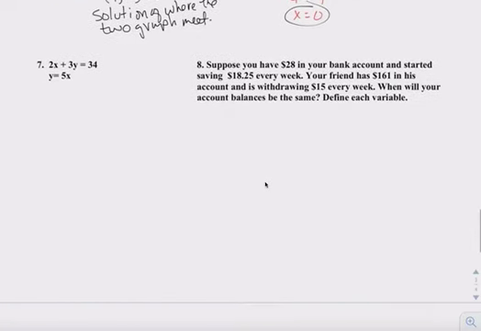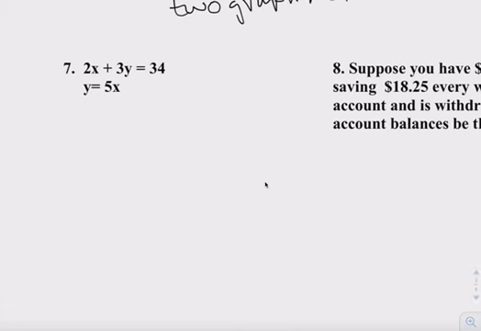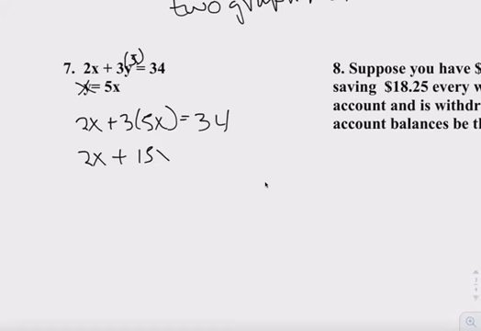Okay, same here. These are our last two, right? You get rid of this, substitute that in there, put 5x in there, so you get 2x plus 5x equals 34. 2x plus 15x equals 34. 17x equals 34. Divide by 17.